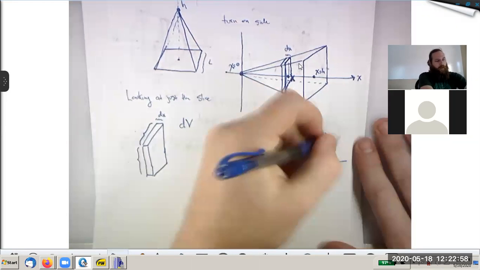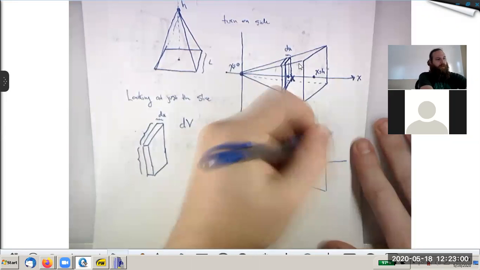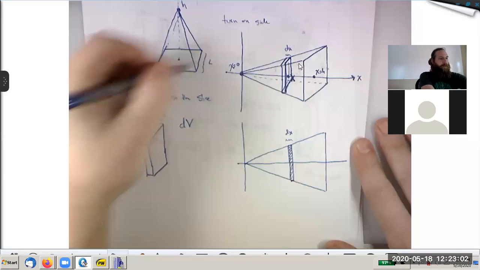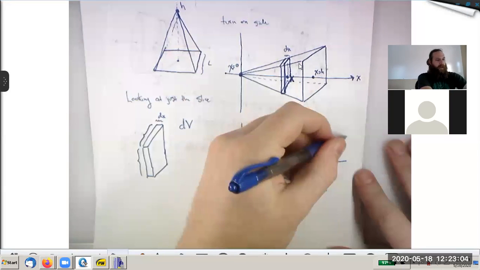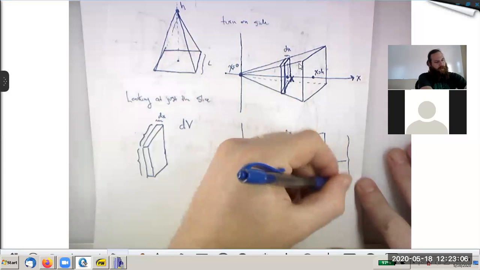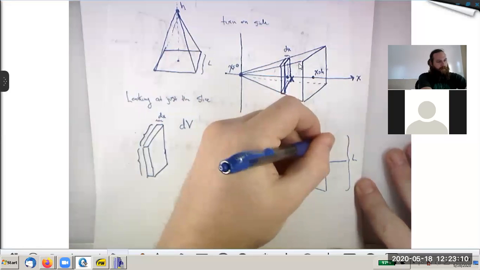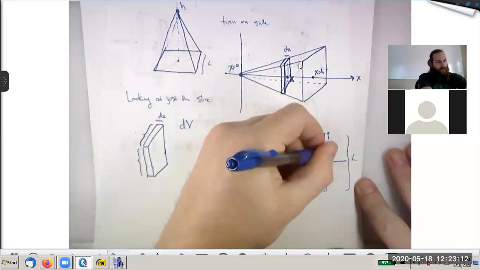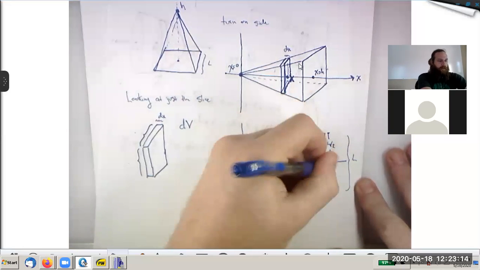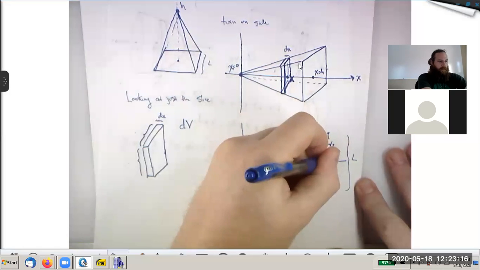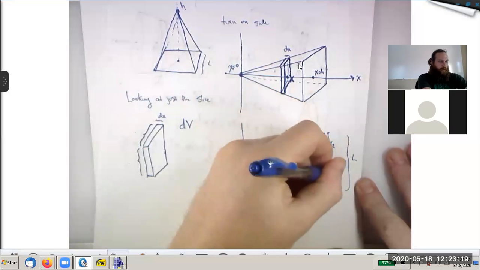I was told that over here, the side length of this pyramid, the base here, is L, which means that this is L over 2. And this is L over 2.